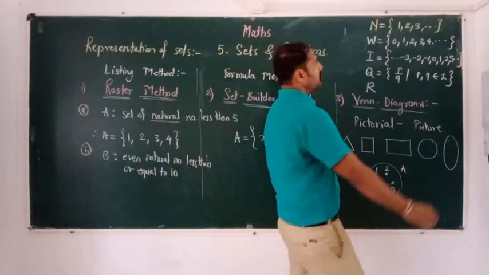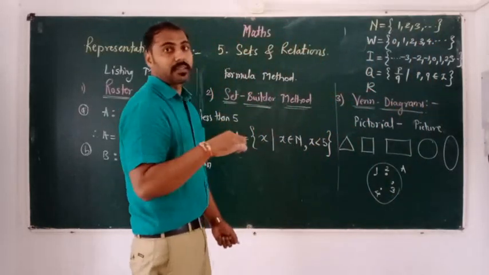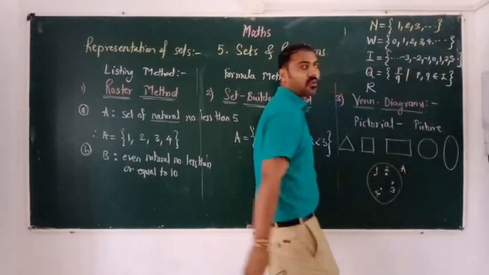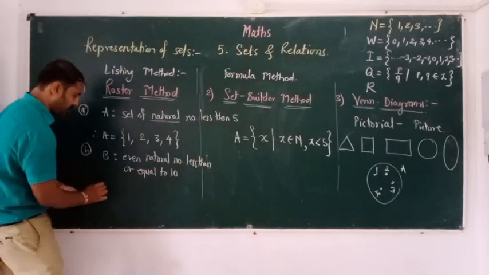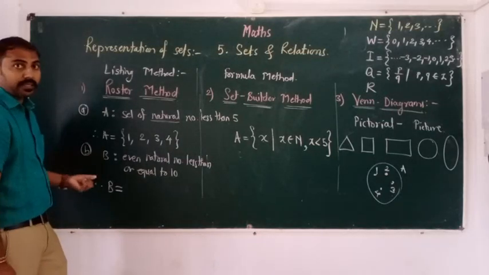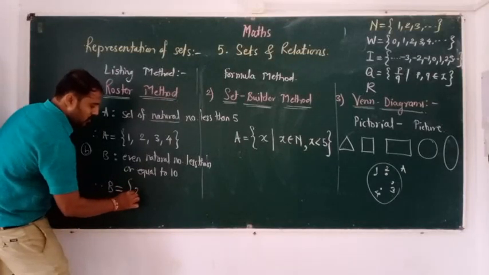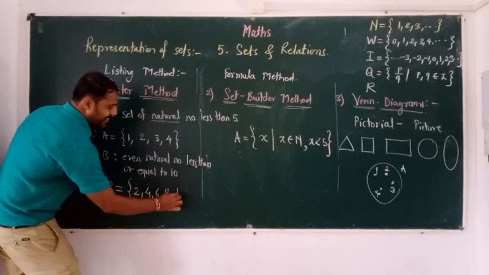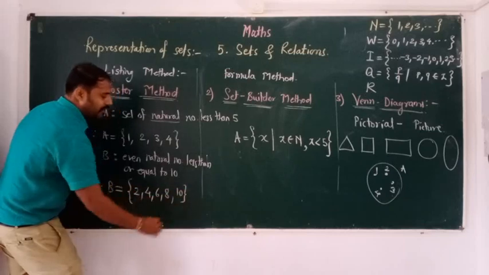We know that natural numbers are 1, 2, 3, 4, 5, 6, 7, and so on. But even natural numbers, even means 2, 4, 6, 8, 10. So I can write that set B in the roster or listing method as 2, 4, 6, 8, 10, less than or equal to 10.